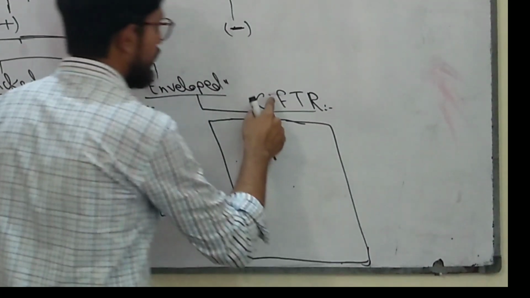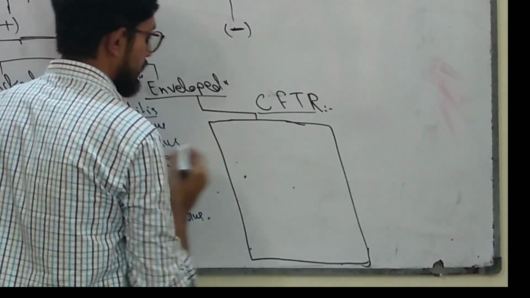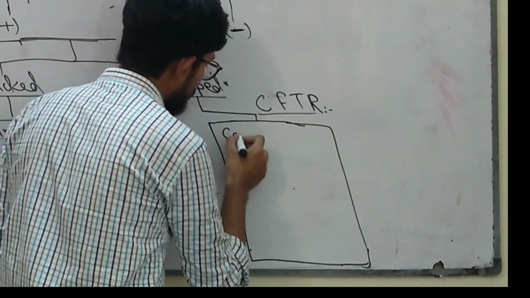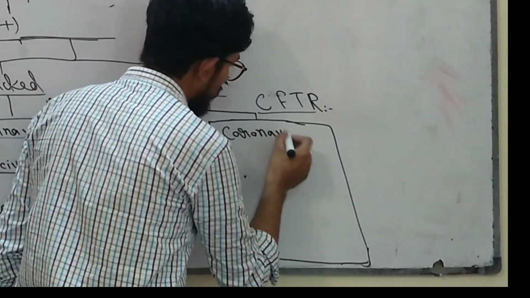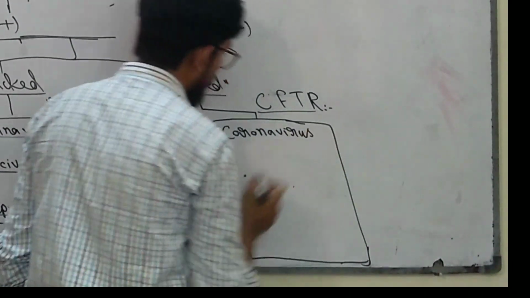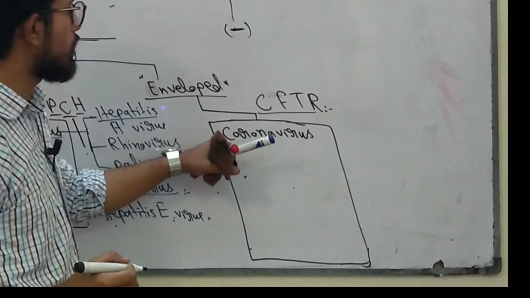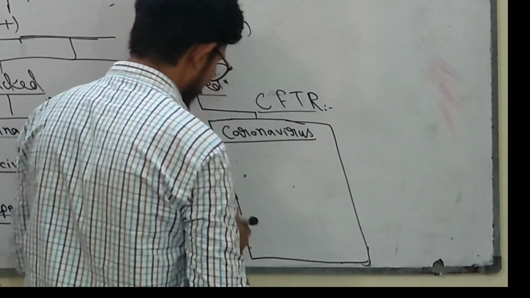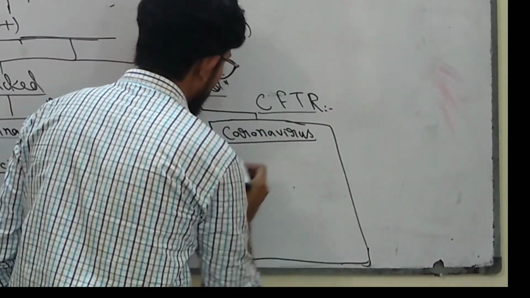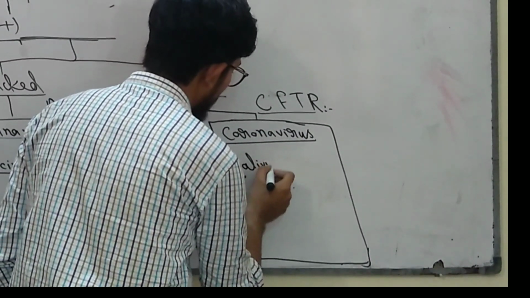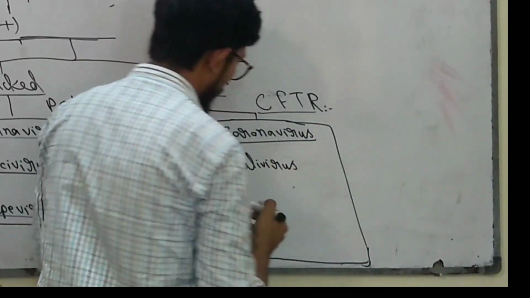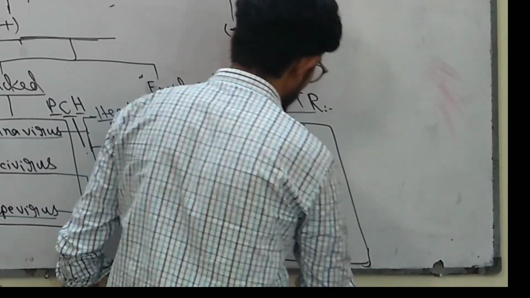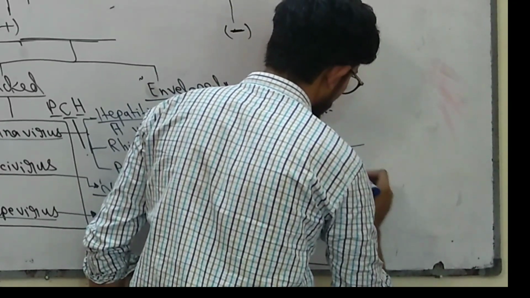So CFTR is the mnemonic for enveloped viruses. First is coronavirus, which is nowadays a pandemic and has caused disastrous effects all over the world. Next, F stands for flavivirus, and flavivirus contains three most important organisms.